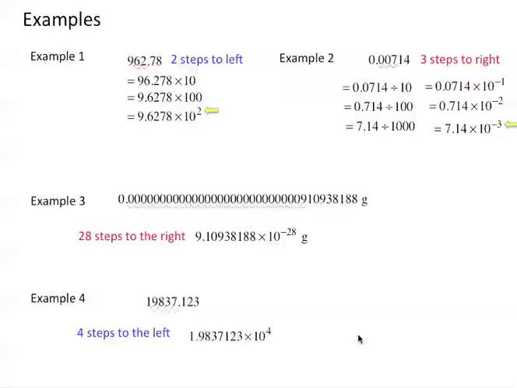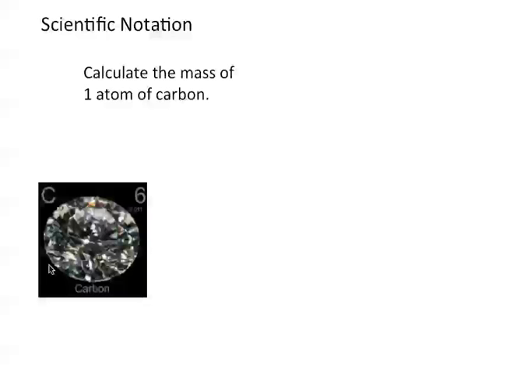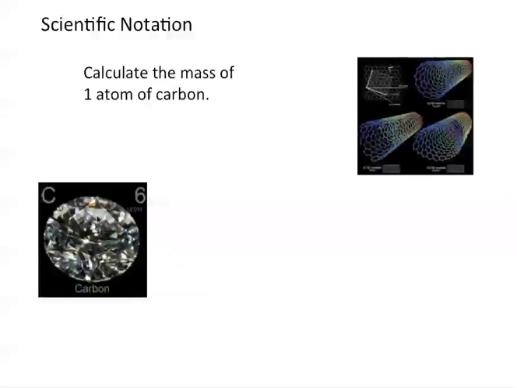All right, let's just look at a quick example. If you were asked to calculate the mass of one atom of carbon, and this is what carbon looks like. It's often found on a ring or underneath people's chairs. But this is carbon. Diamonds are made of carbon. Carbon nanotubes, very cool and useful if you want to build a space elevator.